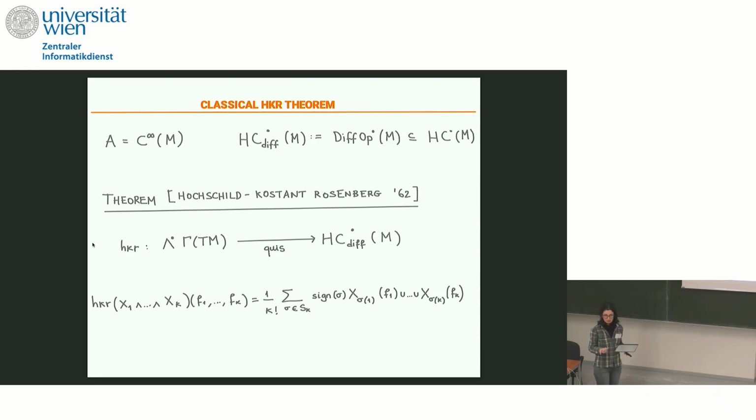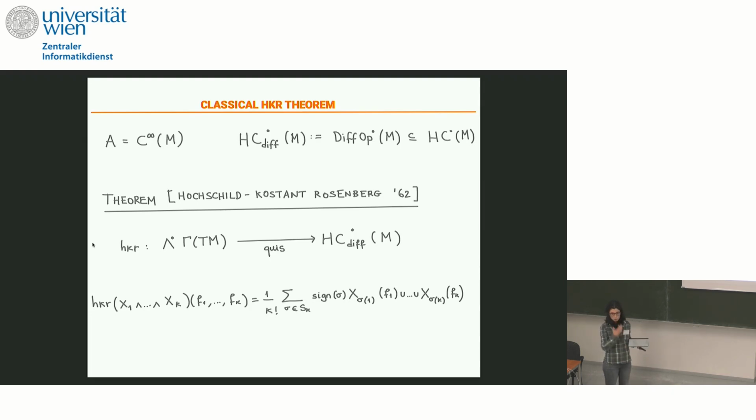First, they were local. Local means that you really choose charts, and then you choose coordinates, then you compute your cohomology in coordinates, and then you have to globalize, meaning gluing together. It works, but there are situations in which gluing together is not obvious.